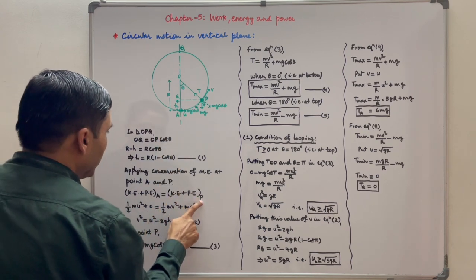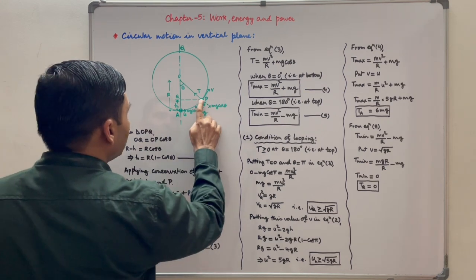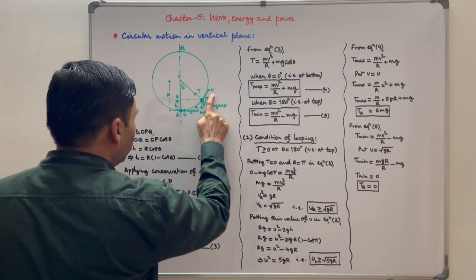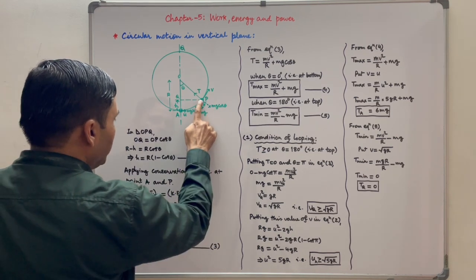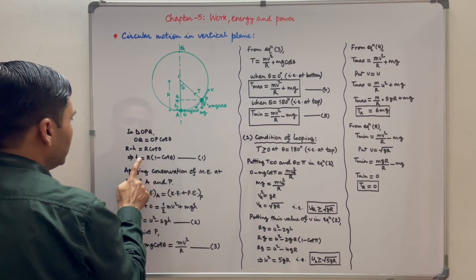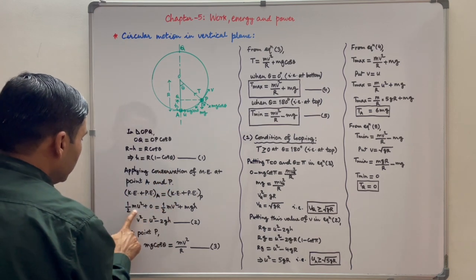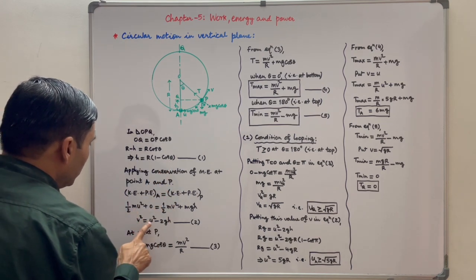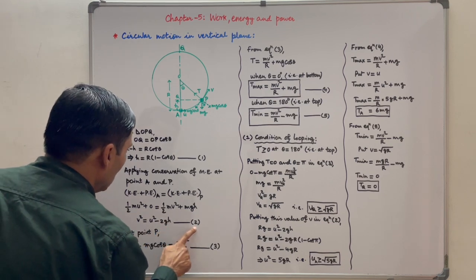Kinetic energy at point P is half m v square. Suppose velocity of the particle at P is v. Potential energy of the particle at point P is mg into h. h we have calculated as r into 1 minus cos theta. From this, we get v square is equal to u square minus 2gh. Suppose this is equation number 2.